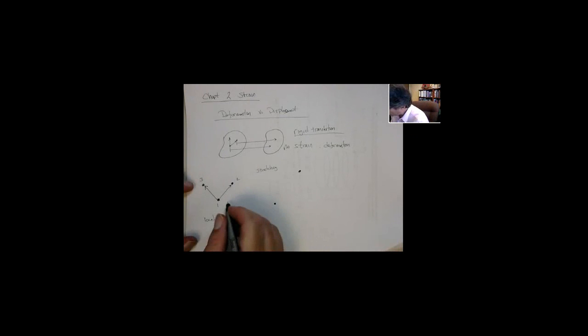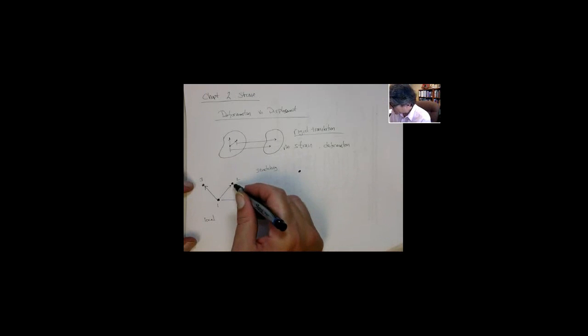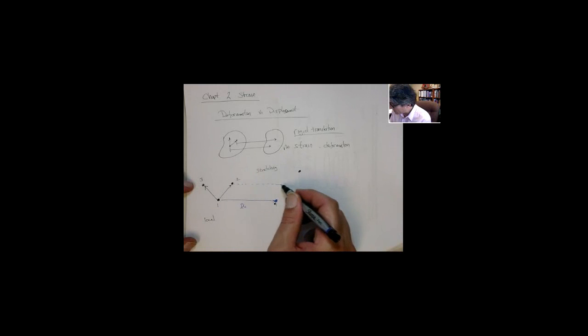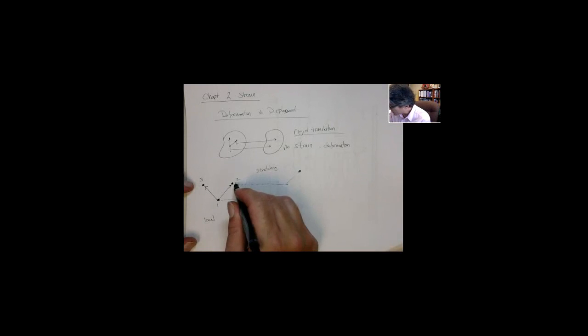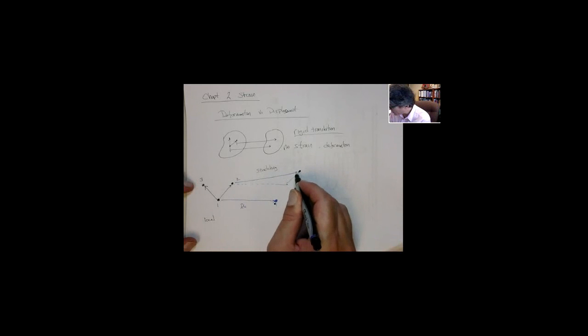If point 1 moves from here to here, this is actually the displacement of point 1. It's a vector. Point 2 moves something similar to that, but actually moves even more. So here's the displacement of point 2.